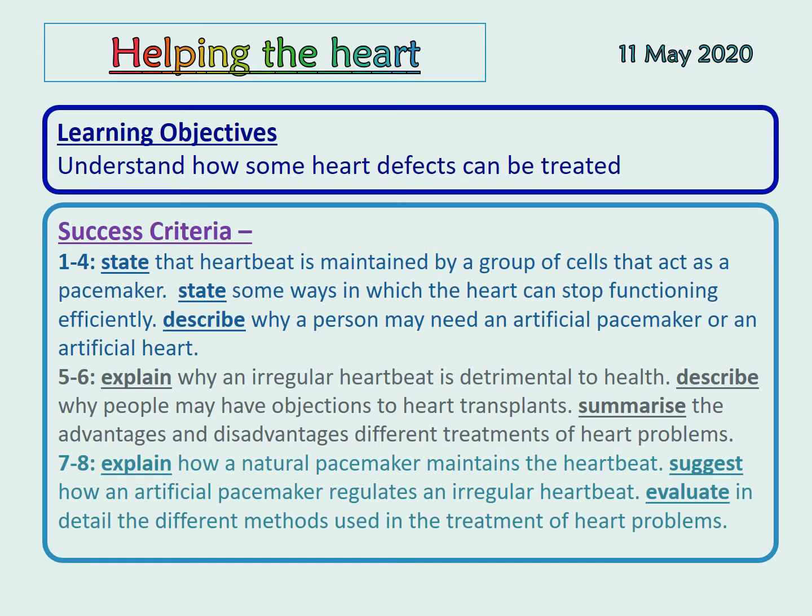For 5 to 6s, we need to be able to explain why an irregular heartbeat is bad for you, why it's detrimental to your health, and problems or advantages and disadvantages associated with heart transplants. For 7 to 8, we need to explain how a natural pacemaker maintains a regular heartbeat, and also looking at how artificial pacemakers correct an irregular heartbeat. So let's get going.